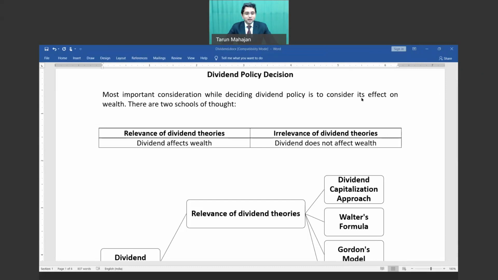Okay, a small example of everything I can give, but then you won't be able to understand it. So, do you want me to skip dividend policy decision and talk about cash management? I can do that.